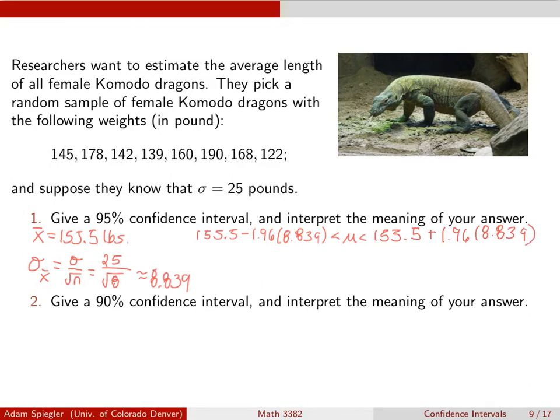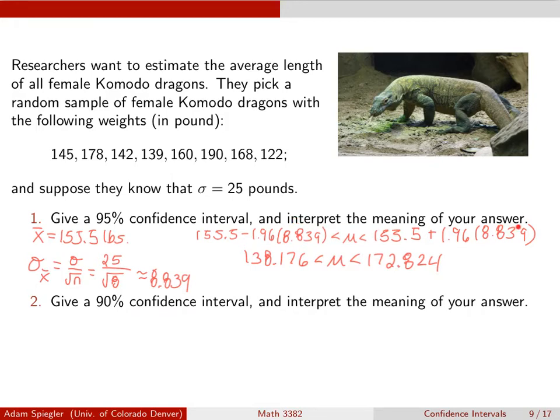Calculating the lower limit, 155.5 minus 1.96 times 8.839 gives us 138.176 pounds, and the upper limit gives us 172.824 pounds.